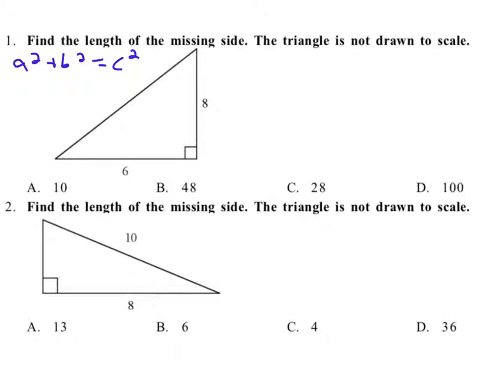So we can say if a squared plus b squared equals c squared, then 6 squared plus 8 squared equals c squared. Or alternatively, if we wanted to type it into the calculator and do it all at once, we would say c is the square root of all of that.